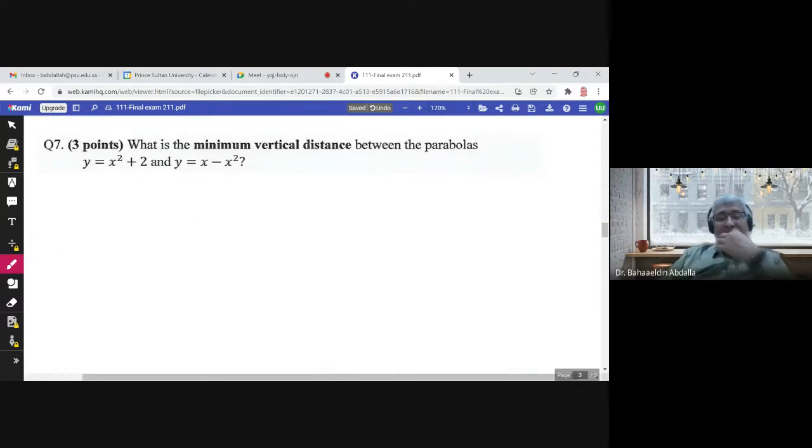What is the minimum vertical distance between these two parabolas? Okay, I'll sketch the graph to help me solve the problem. x squared plus 2, I know the graph of this parabola, it is the same as y equals x squared translated 2 units up. This one, let me write it: negative x squared plus x.